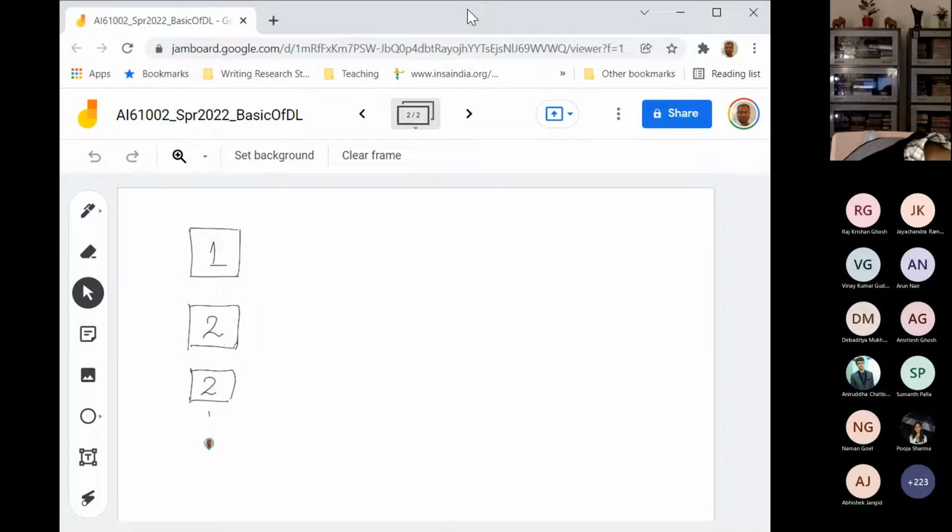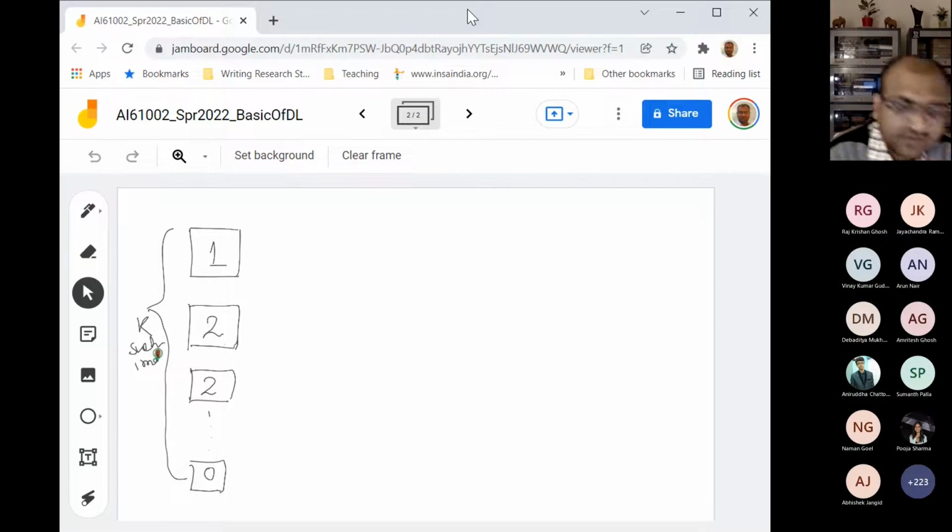It goes down, and there may be another image in which it is written as 0. So what I am doing here is that say I have capital K such images, and these images x can be of any of these classes. They can have any of these digits over here.